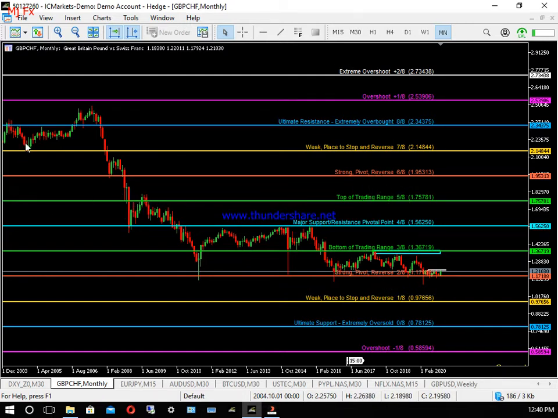I'll explain. When the market is buying, and it gets to a level of overshoot, this is a very, very critical level. The market is likely to reverse at this level. You can see a reversal, and then if it breaks all these other levels and comes to the strong pivot reverse, you can see how, as the name suggests, the market reversed at this level.